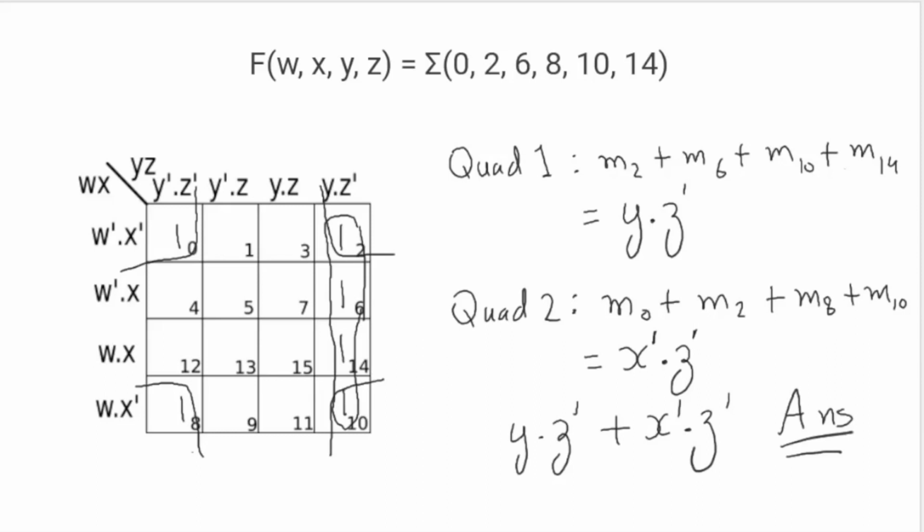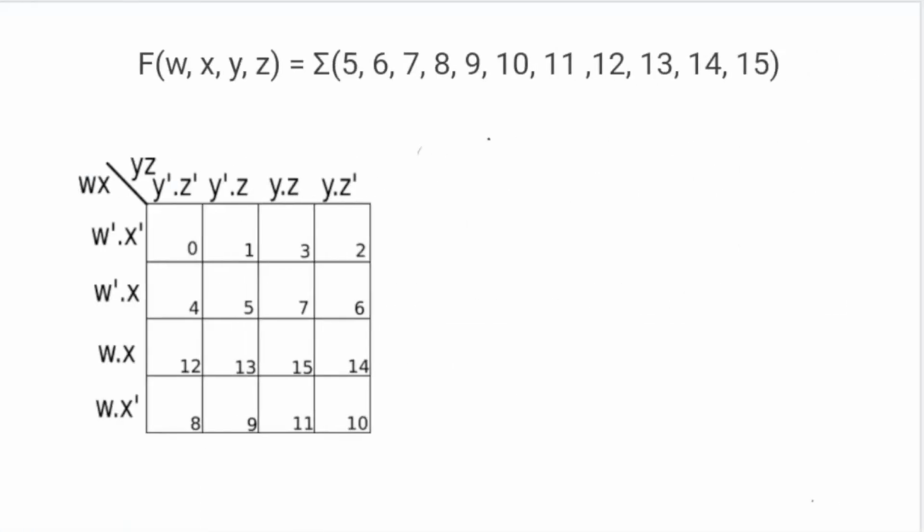Let us move on to the next one. Let us begin by plotting the ones first. So the numbers are 5, 6, 7, 8, 9, 10, followed by 11, 12, 13, 14 and 15.